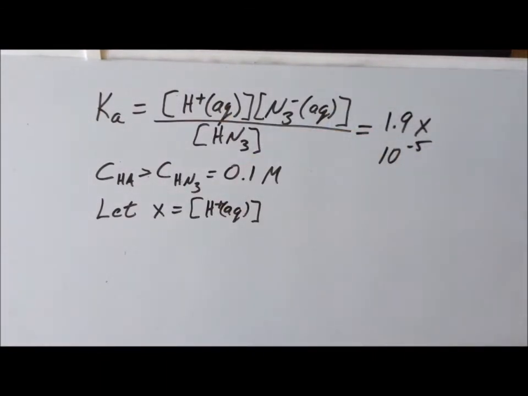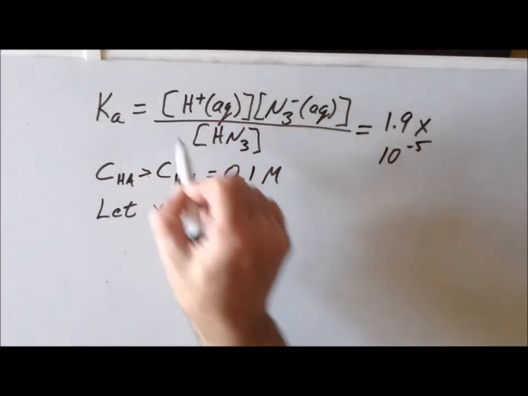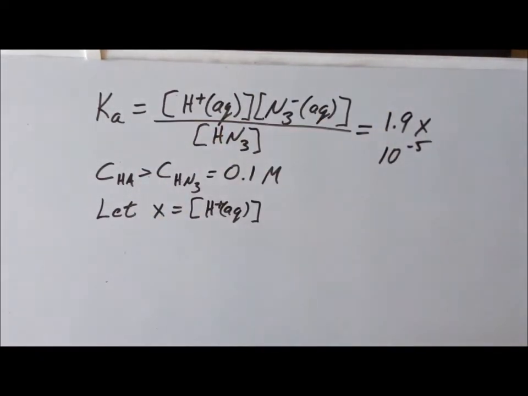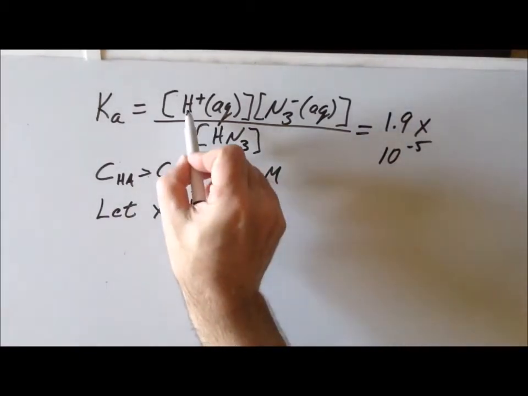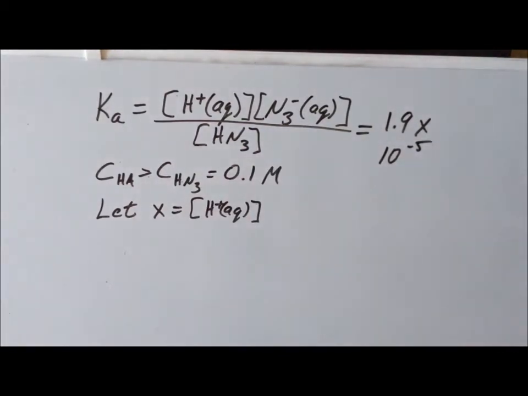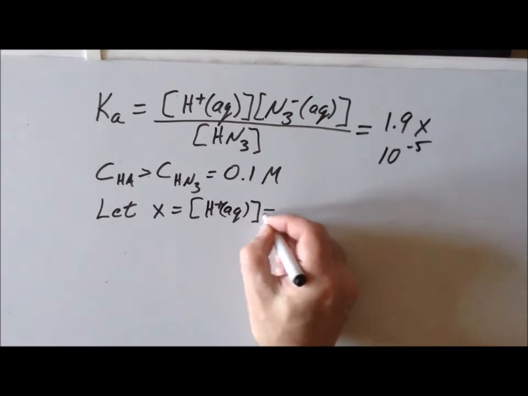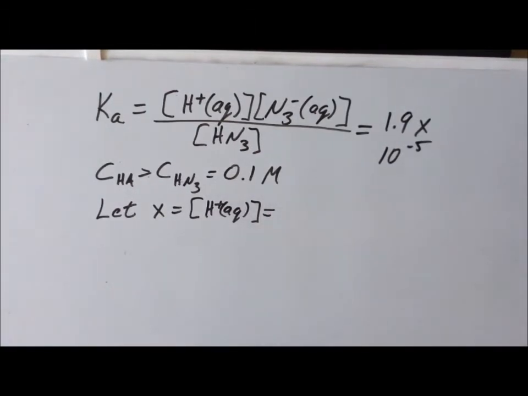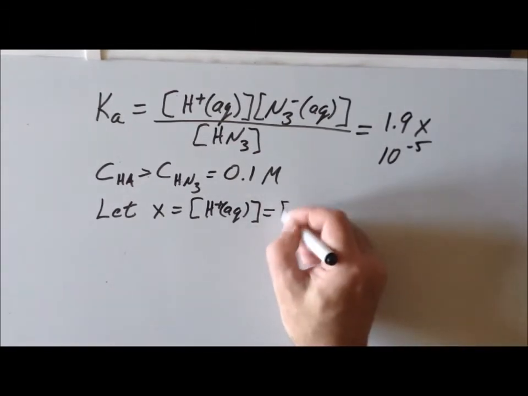The H plus and the azide ions always come in pairs because we're starting with an undissociated, complete molecule of hydrazoic acid. I'm going to emphasize that point because when we deal with certain salts, this will not be true. But if we're starting with a weak acid, the concentration of H plus will be exactly equal to the concentration of the conjugate base. So at the same time as we set X equal to the concentration of H plus, we can also set it equal to the concentration of azide ion.